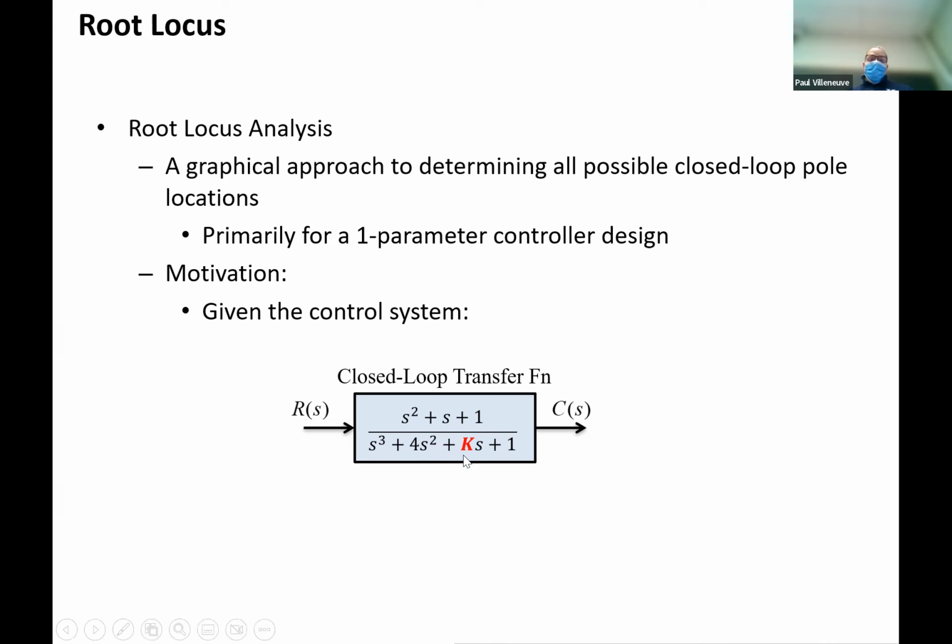You can see if K is equal to 0, your roots are going to be at very different locations than if K is equal to 56 or 106 or whatever. So we want to have some intelligence associated with that so that we can draw our root locus plots without actually having to calculate the roots for every single value of K.